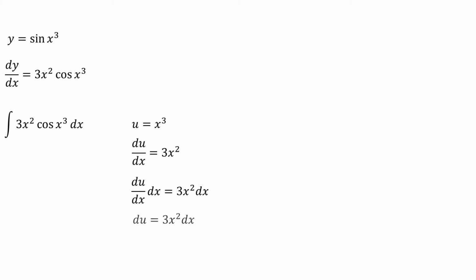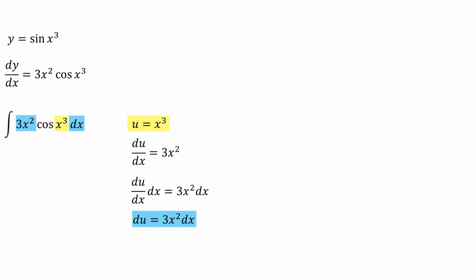And I learn that du is 3x squared dx. Now let's see how successful this was. I said let u equal x to the third power, and of course there is an x to the third power in that integral. Du will be 3x squared dx, and sure enough there is a 3x squared dx in the integral.